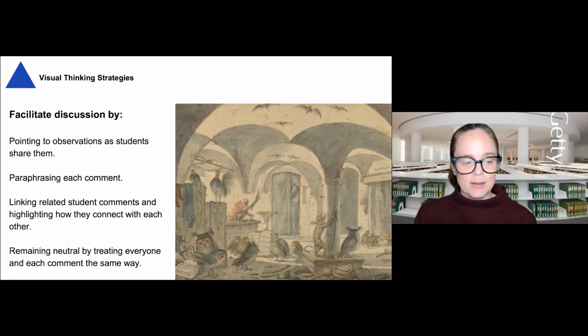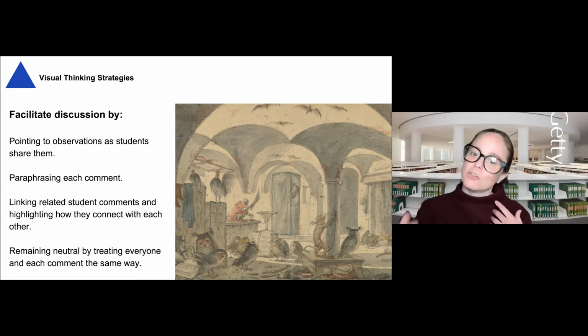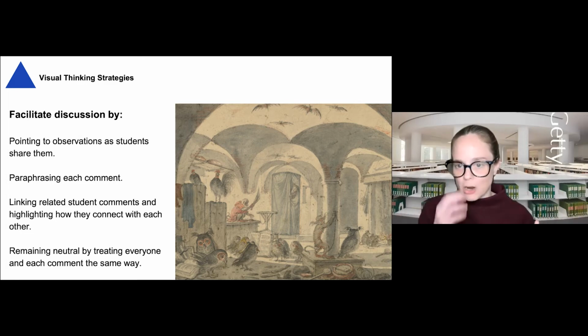So then there's also tips that the VTS protocol offers. And one rule that is encouraged is that you physically point to the observations made by the students. So Rebecca mentioned earlier, body language during discussion, like, are you looking down? Are you looking up? Are you looking at the students while they're talking?